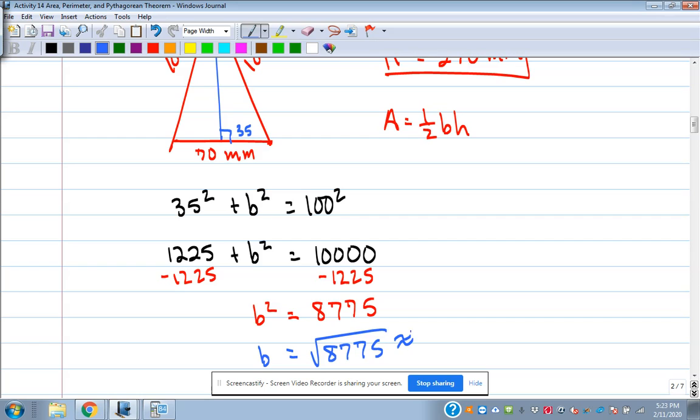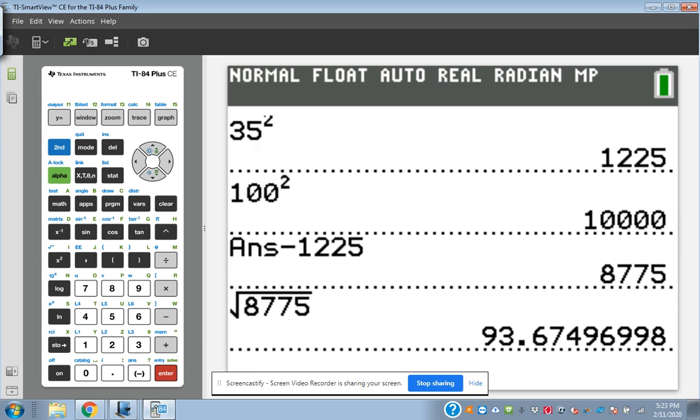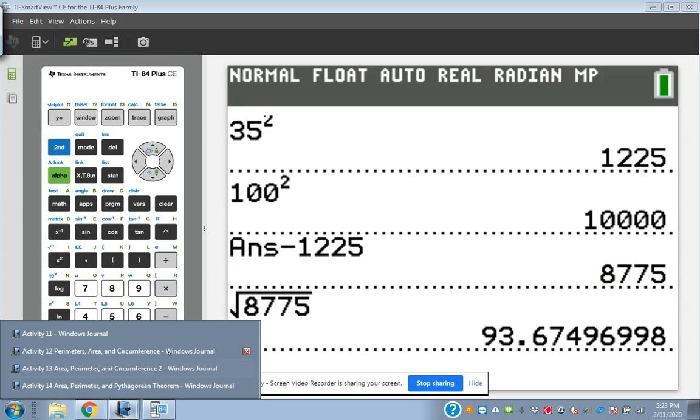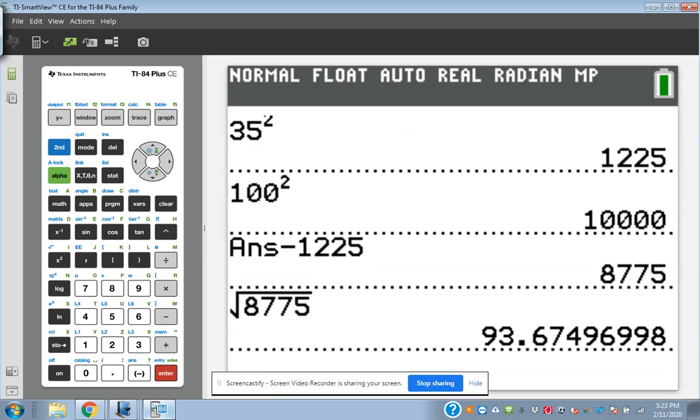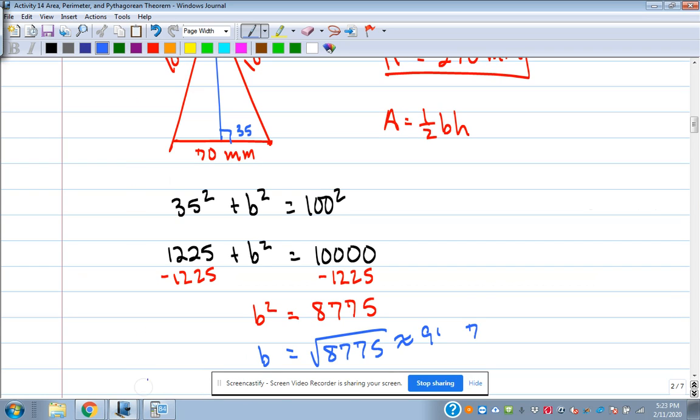So this is approximately 93.67. I can't read. Going 2 decimal places there, so I can round to 1 decimal place when I find the area. That's the reason for that.